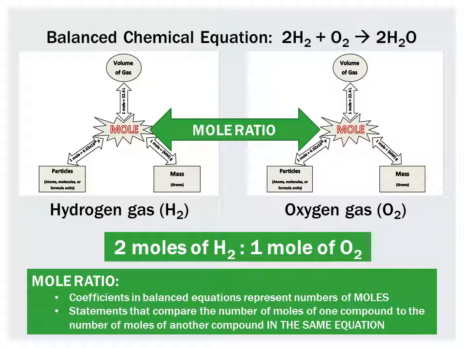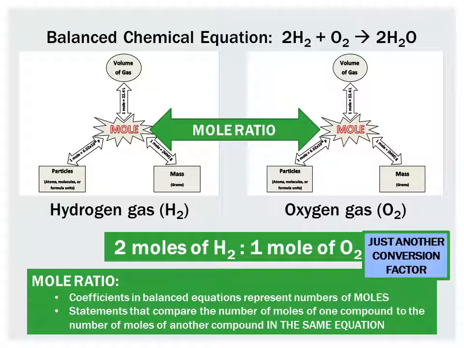We can say a new ratio: there are 2 moles of hydrogen for every 1 mole of oxygen. This came directly from the coefficient in front of hydrogen being 2, and the implied coefficient in front of oxygen being 1. This is just another conversion factor that goes in our dimensional analysis.